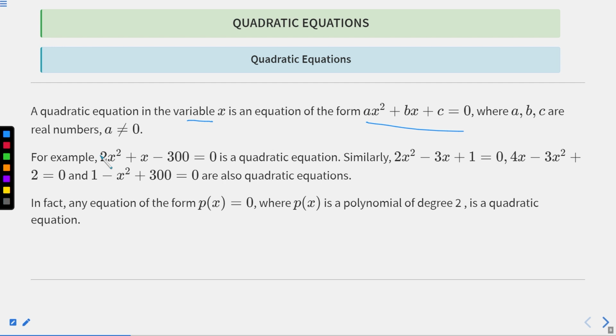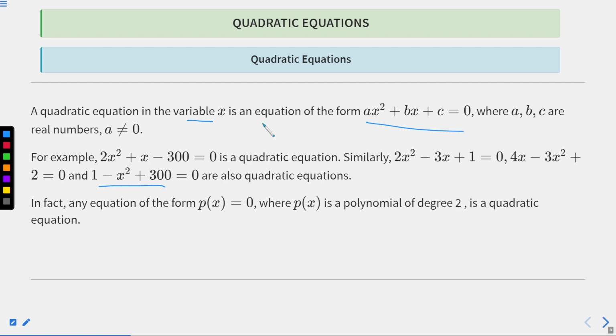Similarly, you can take 2x square minus 3x plus 1 equal to 0, this is also a quadratic equation. And you can take 4x minus 3x square plus 2 equal to 0, this is also a quadratic equation. 1 minus x square plus 300 equal to 0, this is also a quadratic equation.